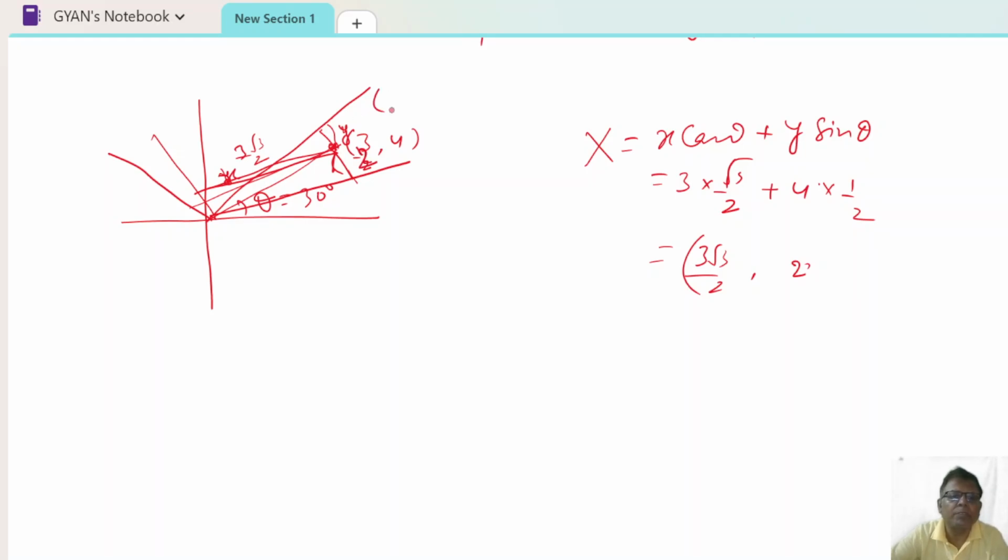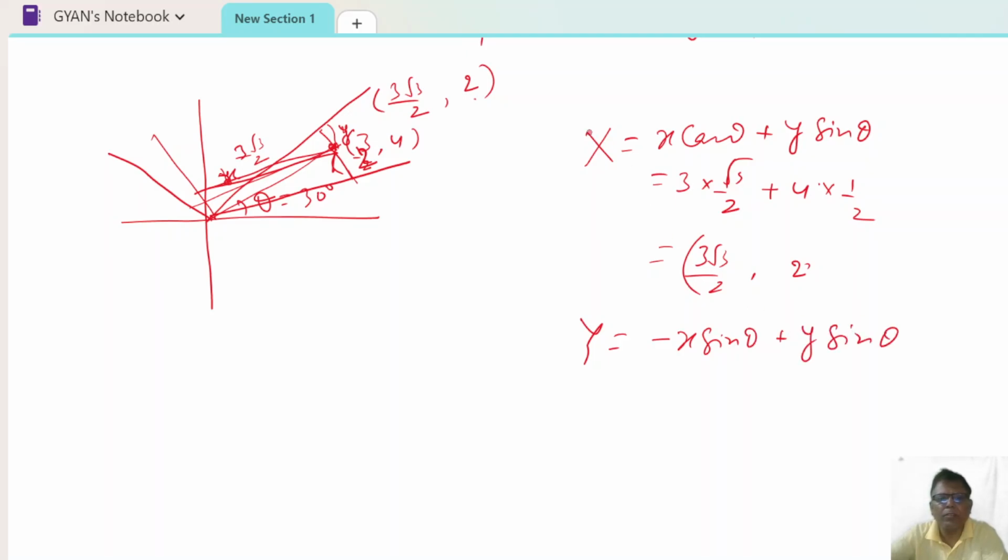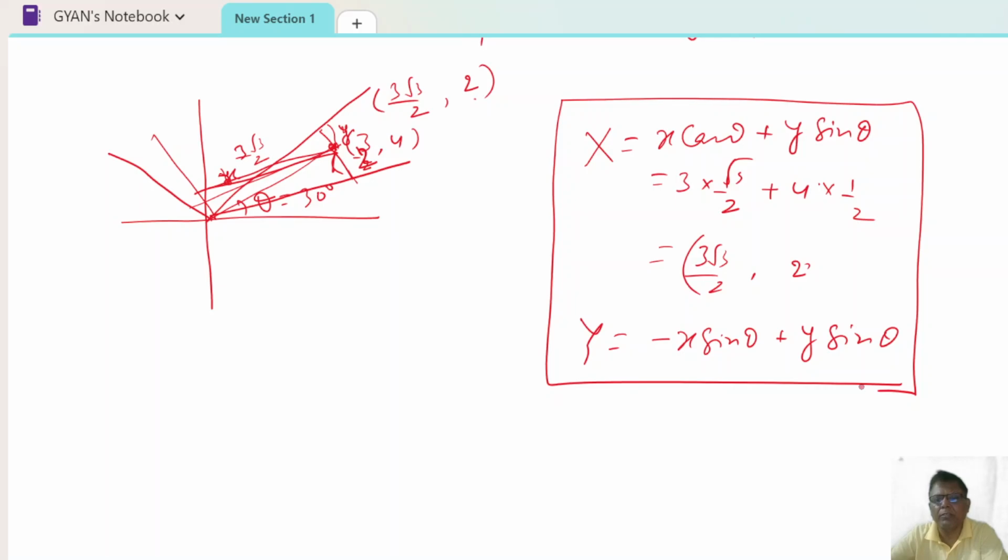So the new coordinate becomes 3 root 3 by 2, comma, 2. So you must remember this: if the axis is rotated by angle theta, then by this formula you can find the new coordinate.